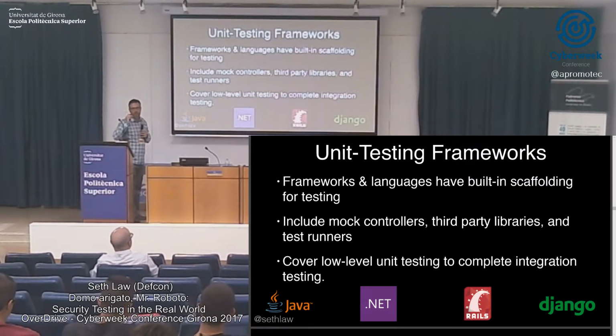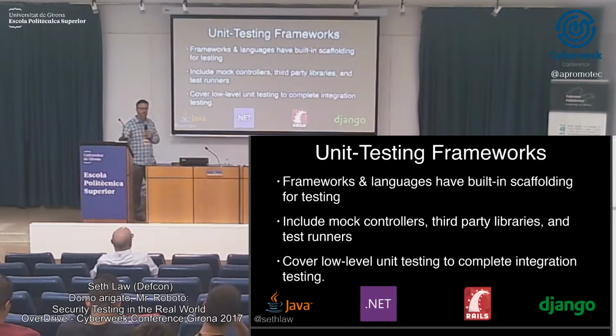Every language that's out there and every framework has some sort of a unit test option built into it, right? Including mock controllers, third-party libraries that people have built to actually test code, the test runners that are available for us.